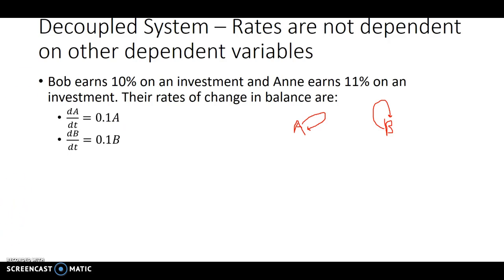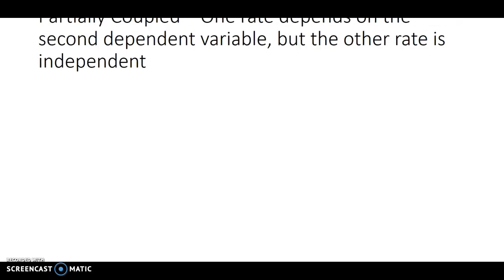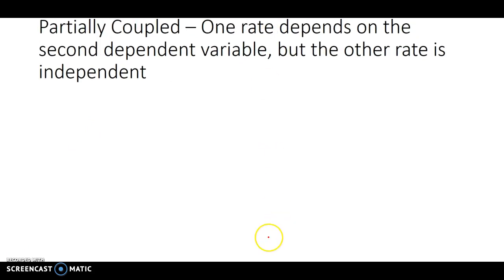We call that system completely decoupled. Solving it is pretty straightforward. You can separate variables in each equation. So Ann's balance would be of the form k1 e to the 0.11t, and Bob's balance would be some other constant times e to the 0.1t. Done. There's the solution.